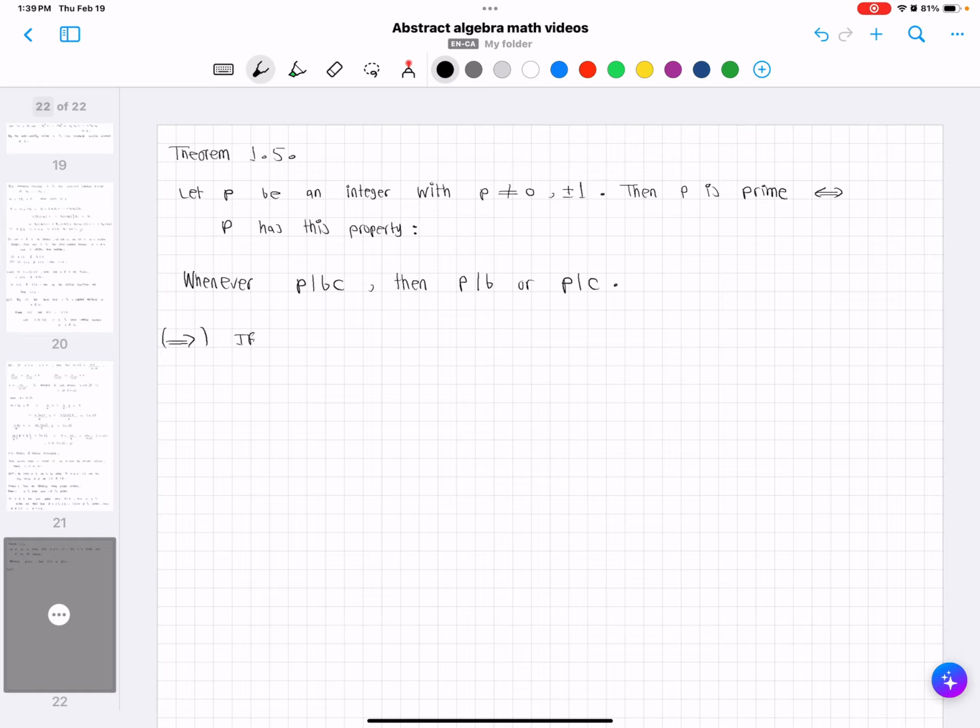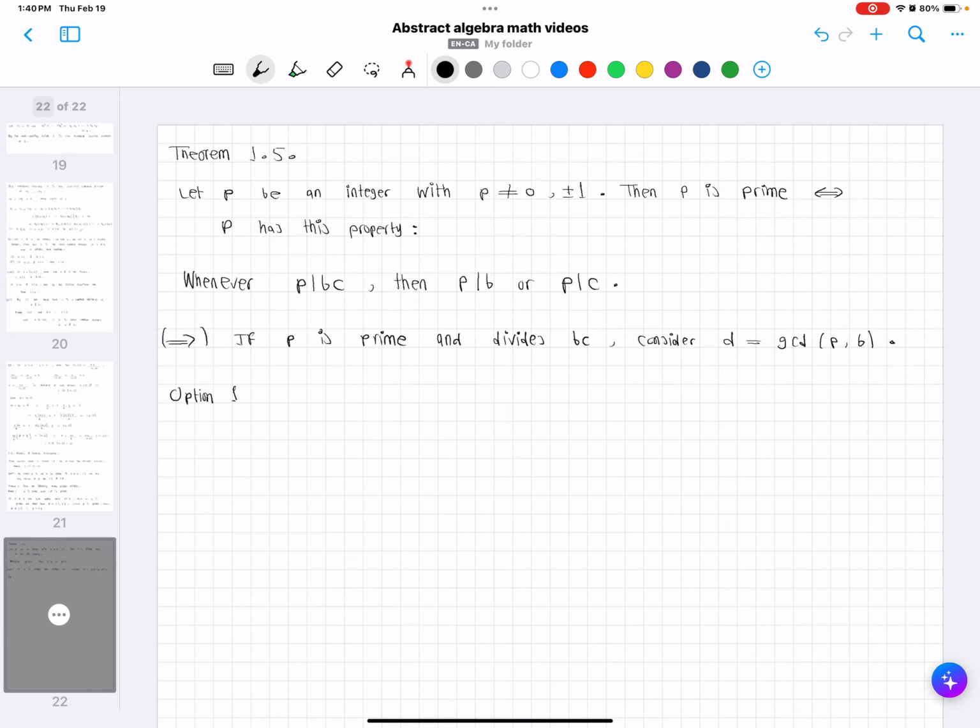If P is prime and it divides BC, consider D, which is the GCD of P and B. There are two options for that.